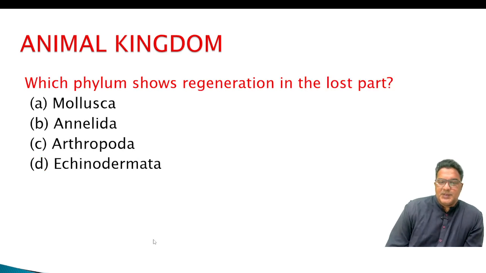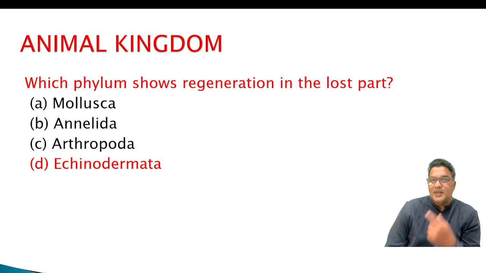Which phylum shows regeneration in the lost part? Regeneration is a characteristic feature of almost all, with differences in intensity, but we should follow NCERT. In Mollusca, Annelida, Arthropoda, Echinodermata, regeneration is found in different contexts, but Porifera and planaria are given as having high regeneration power.